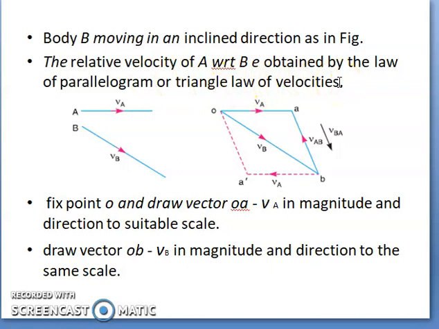We are again going to find the difference between VA and VB. But instead of just adding VA and VB, we are going to change the direction of VB to minus VB, and then the resultant can be found using the triangular law of vectors by the same vector subtraction. So you have the vector VA and this is the vector VB. Then the closing side will be the relative velocity of B with respect to A.